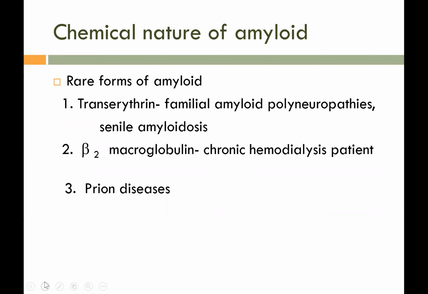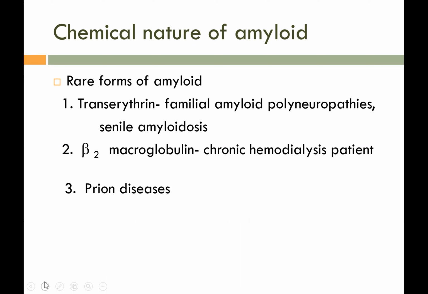There are also rare forms of amyloid, called transthyretin. I think there's a typographical error there. Again, transthyretin is a normal serum protein that binds and transports thyroxine and retinol. You have beta-2 microglobulin.